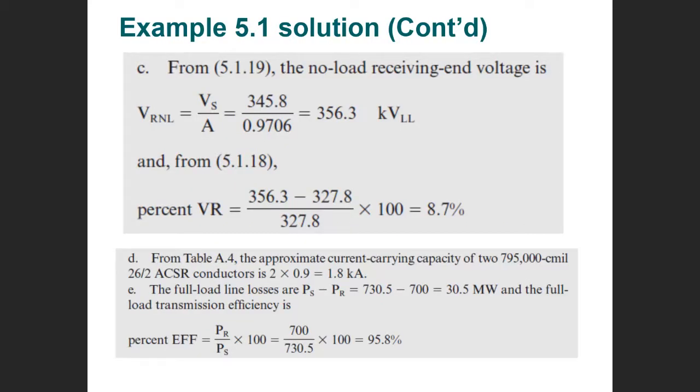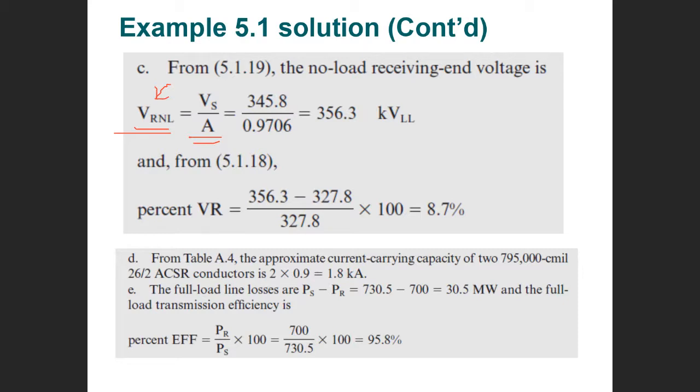And that's what you will do to find the no load voltage. No load simply is Vs over A. Now it comes with the importance again of ABCD. We just divide by A, and that will give you the voltage at no load. Why do we want to know the no load?